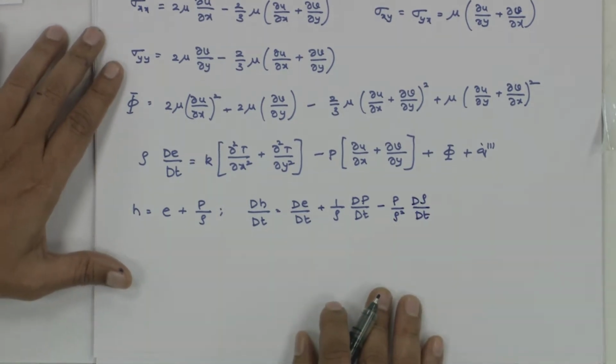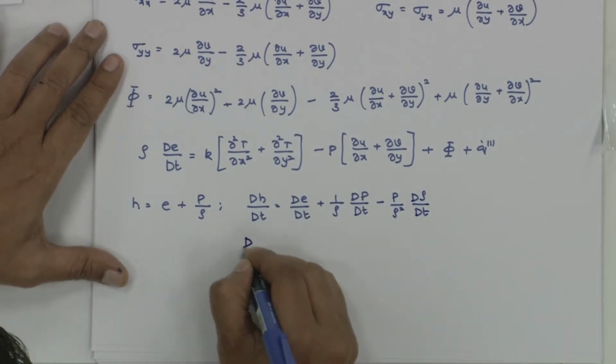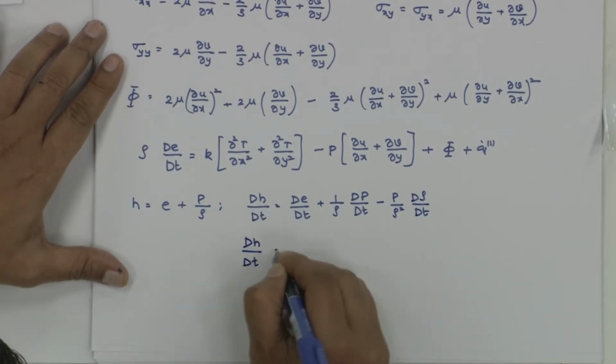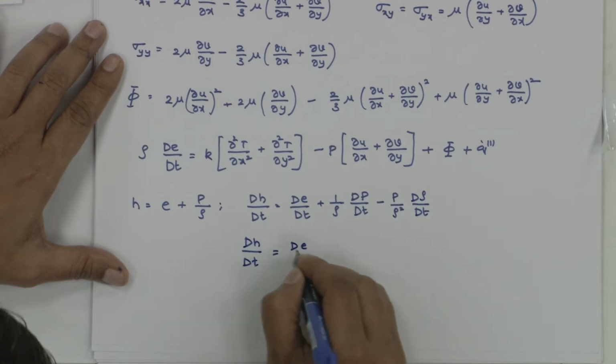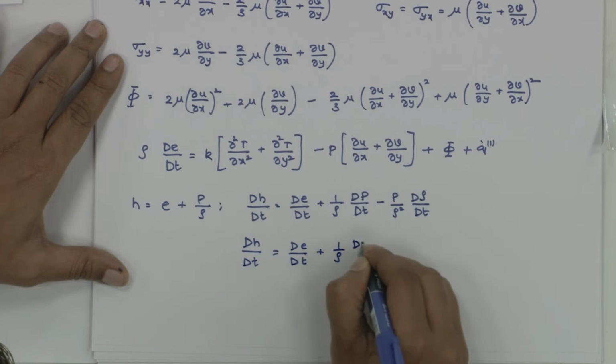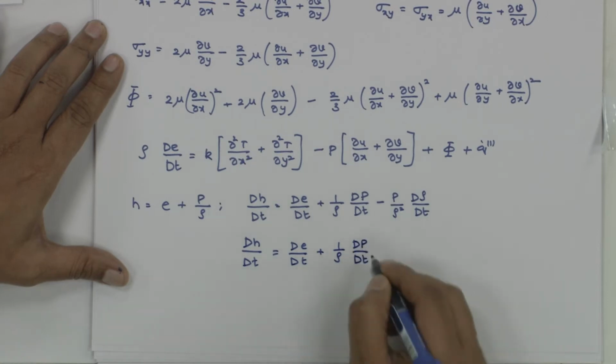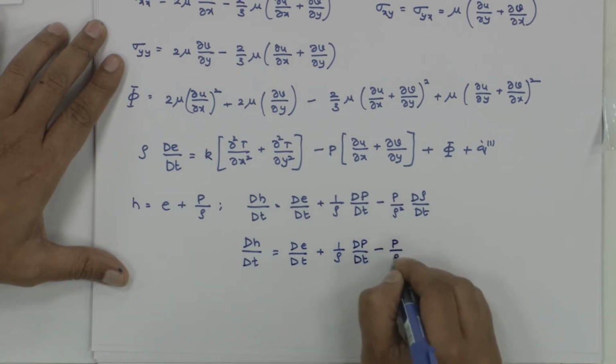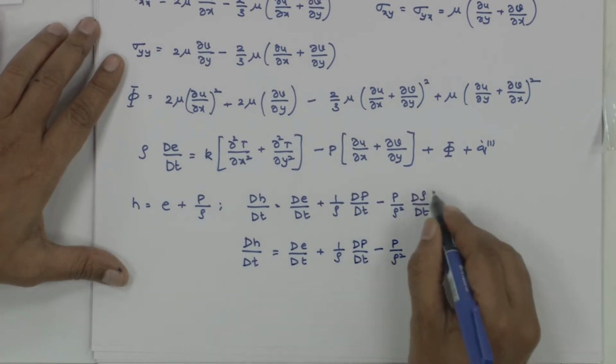So dH by dt is equal to dE by dt plus 1 by rho dP by dt minus P by rho squared d rho by dt.